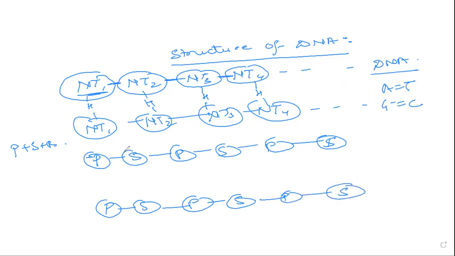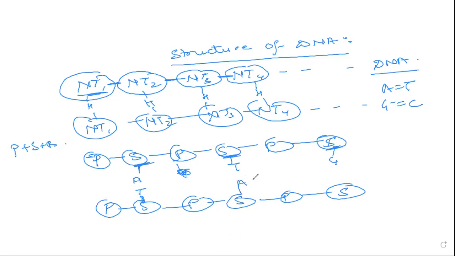Now, this sugar will be joined to a base. What base? It can be A, T, G, or C, but this base will always be joined with a sugar, not with a phosphate.